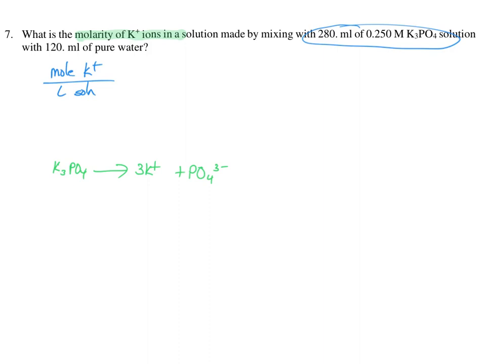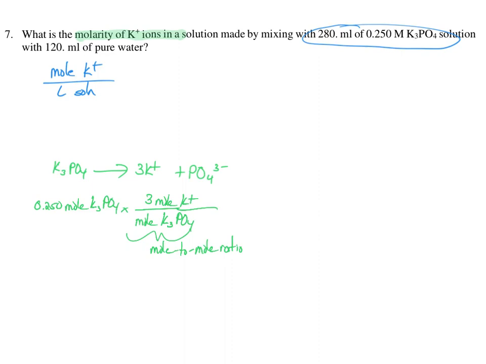So using our dissociation reaction and the appropriate mole ratio, we can determine how many moles of potassium ions we have. As always, we're going to determine our mole-to-mole ratio by looking at the units we want to cancel, which is moles of potassium phosphate.